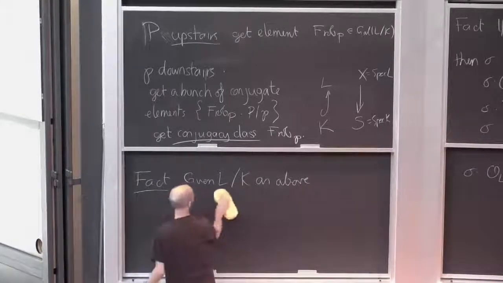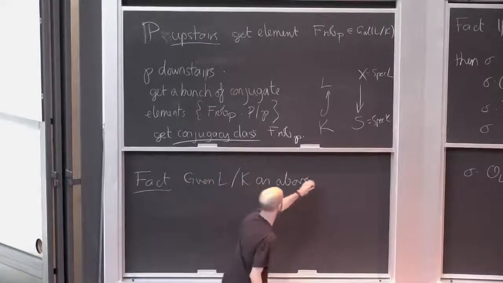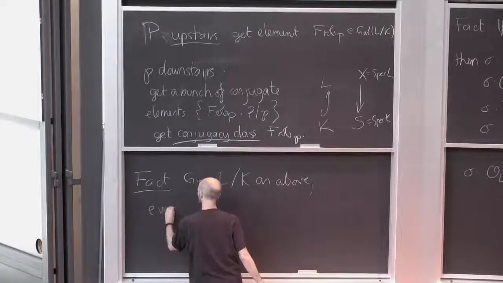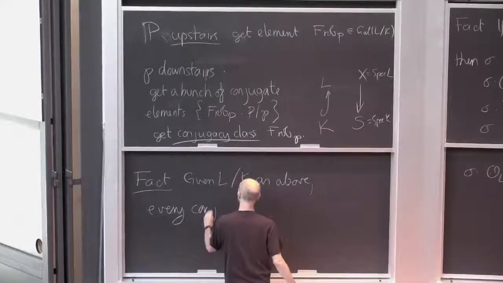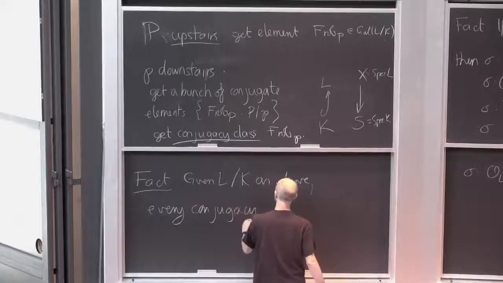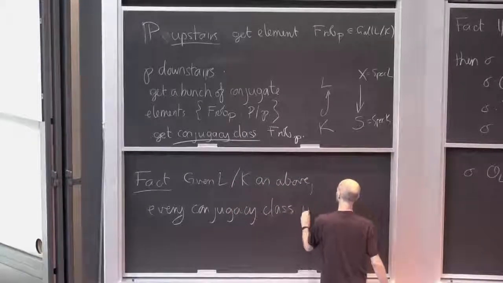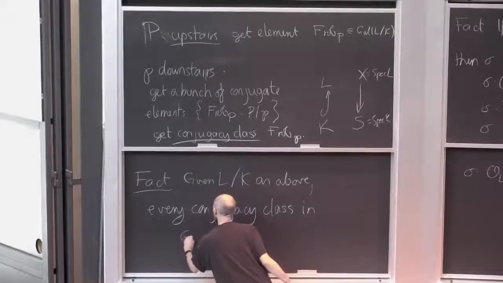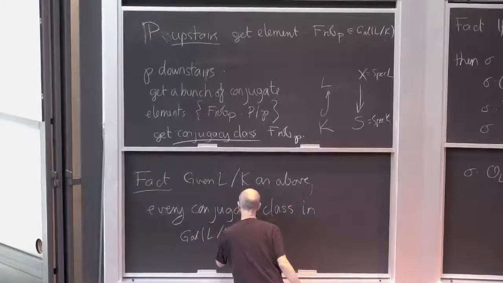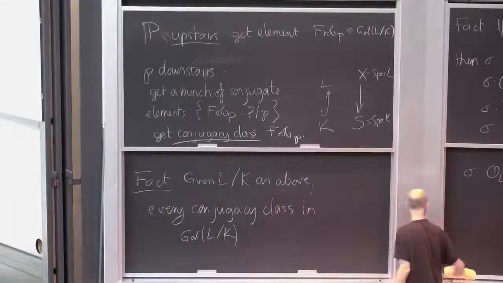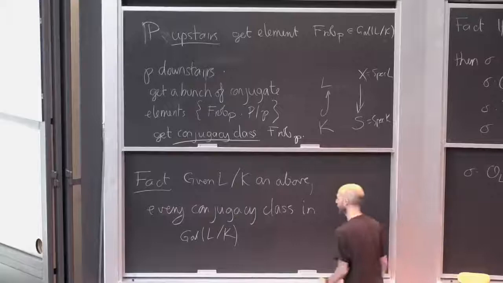Given L over K as above, every conjugacy class in Gal(L/K) turns out to be named infinitely often.